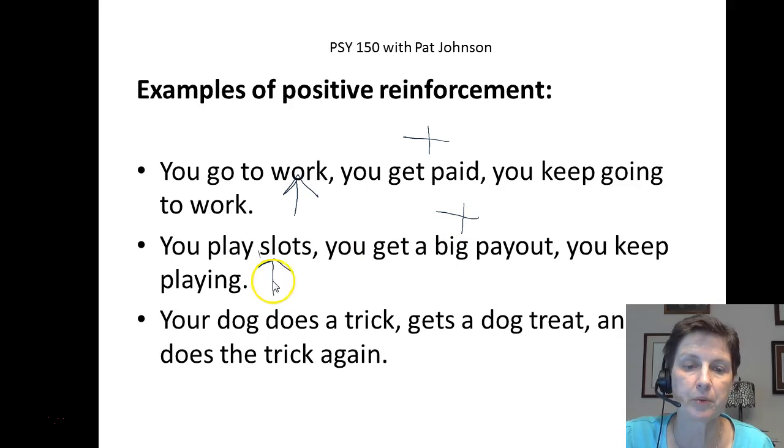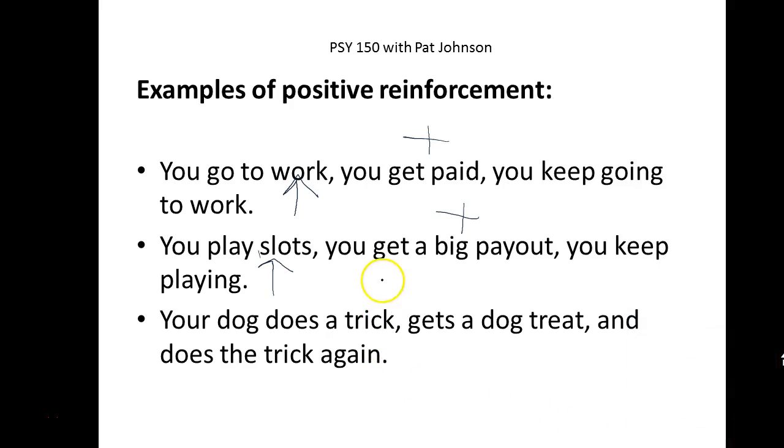So positive reinforcement: something is added and the behavior increases. Your dog does a trick. He gets a treat, and he does the trick again. In this case, the dog treat has been added, and the behavior of doing the trick increases.